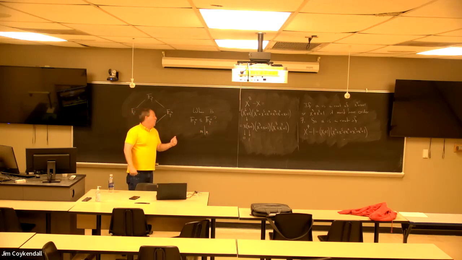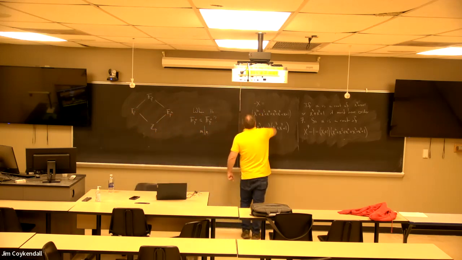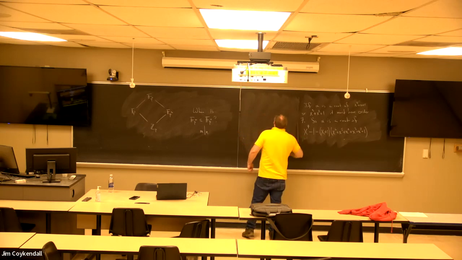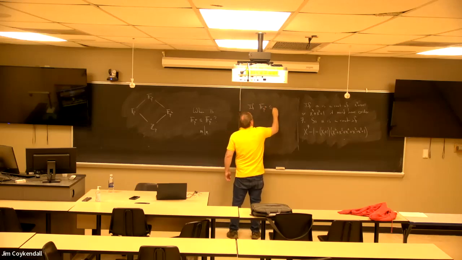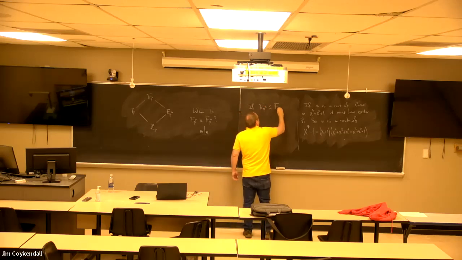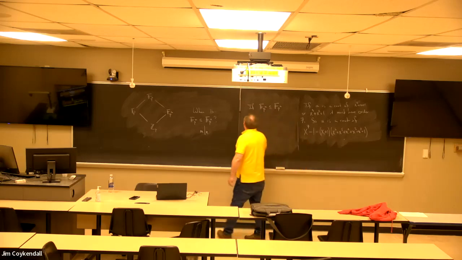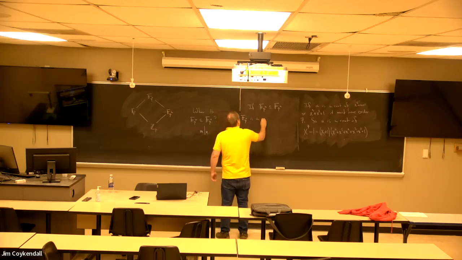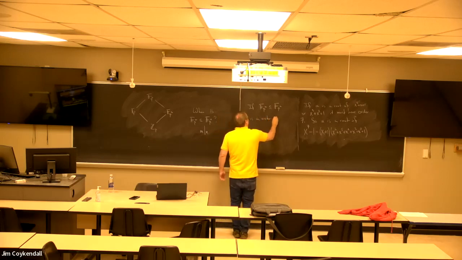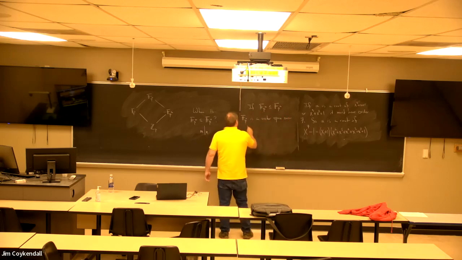Why is that? Well, suppose that happens, then F_{p^n} is a vector space over F_{p^m}.